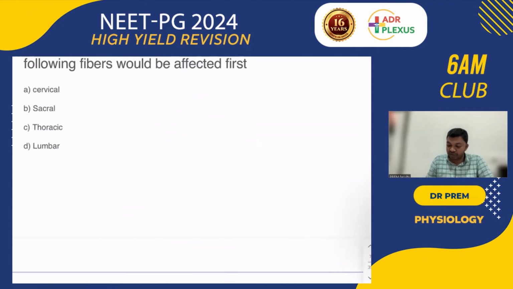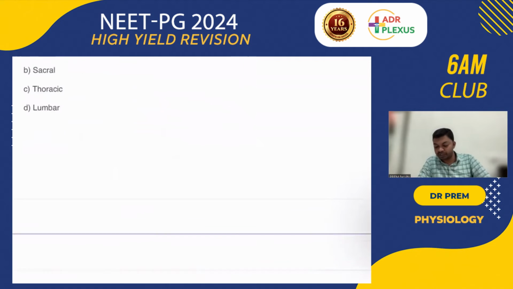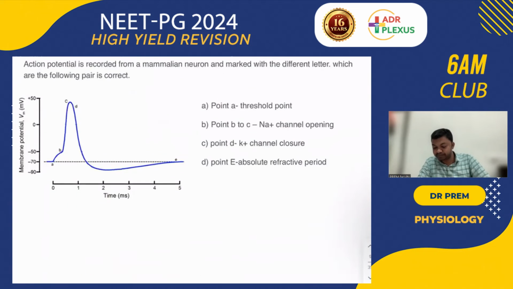So obviously for this question, option A, cervical fibers are going to be the first structures that get affected if the dorsal column is hit from the lateral side. Good, straightforward question, not much of a concept even.